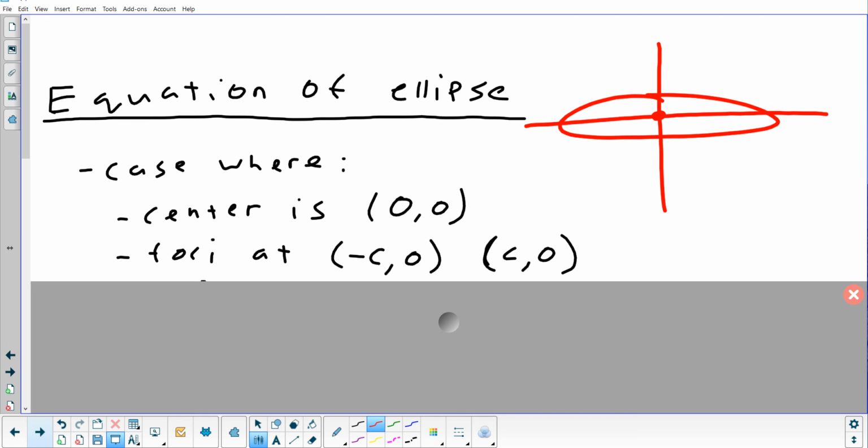And there's your center. You're going to have a focus here, and you'll have another focus here. So if those are the coordinates of the foci, what's this distance that I just traced right there? How long is that green line segment?